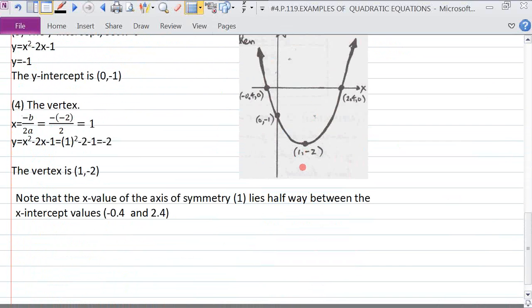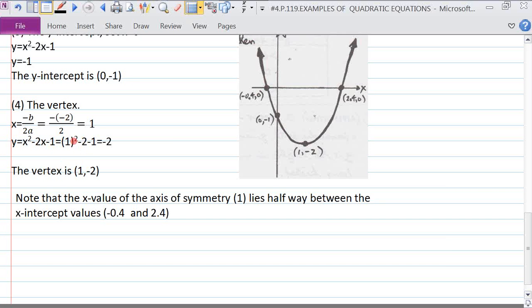X is 1 here. Now to calculate the vertex, we know that the axis of symmetry is 1. We put this into this equation. Y equals, substitute for x, 1 squared minus 2 times 1 is minus 2, and we have the minus 1 here.